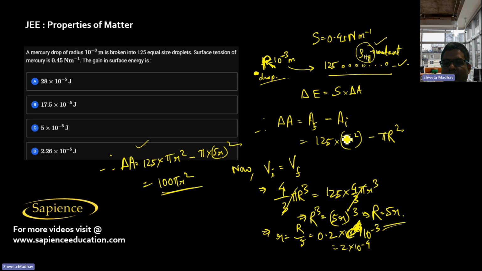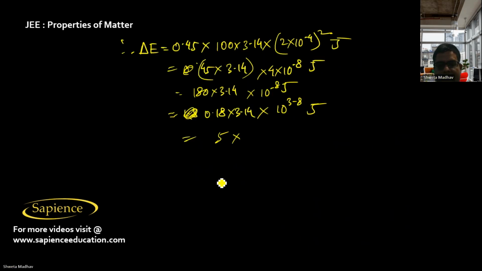Sorry, it will be 125 into 4 pi r square, and the initial area will be 4 pi r square since it is a spherical drop. So this into 4 it will come, it is 400 pi r square, into 4 also.